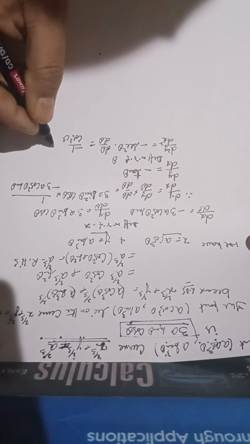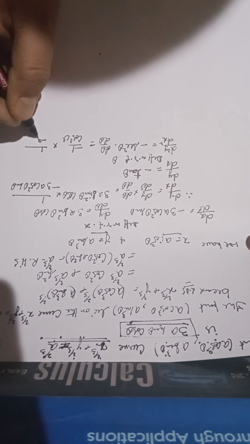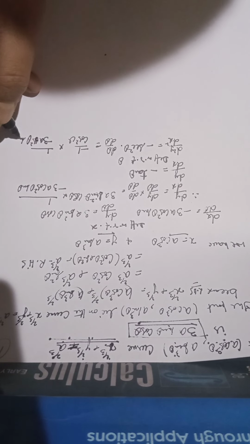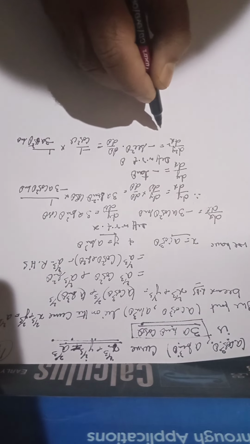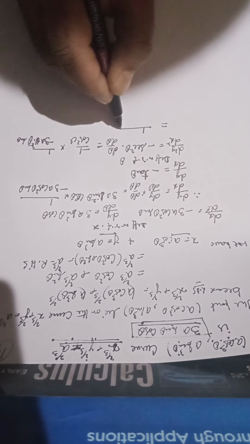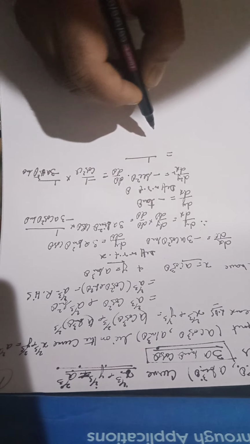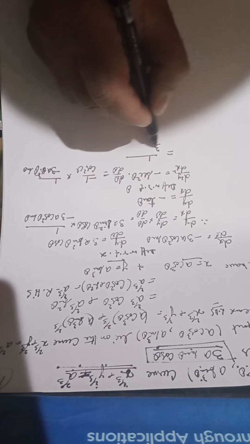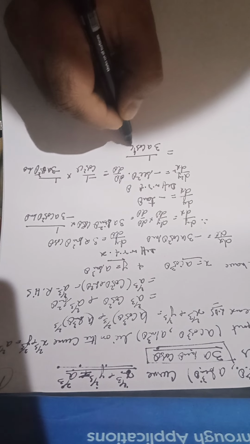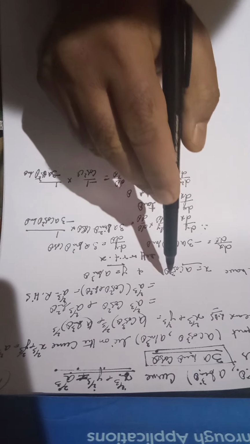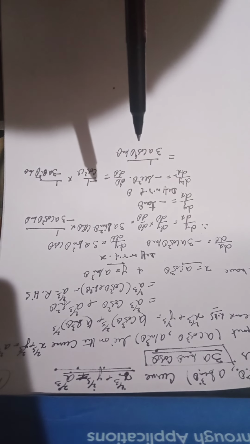This is −1 by cos² θ, and your dθ/dx. What is dθ/dx? This is 1 by dx/dθ, which is 1 by (−3a cos² θ sin θ). So this is minus minus plus, 1 by 3a cos⁴ θ sin θ. Okay, is it okay? dx/dθ, dy/dθ.